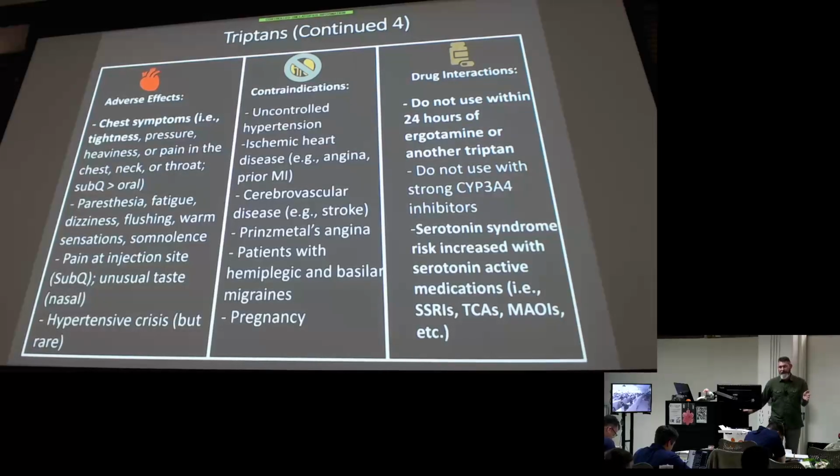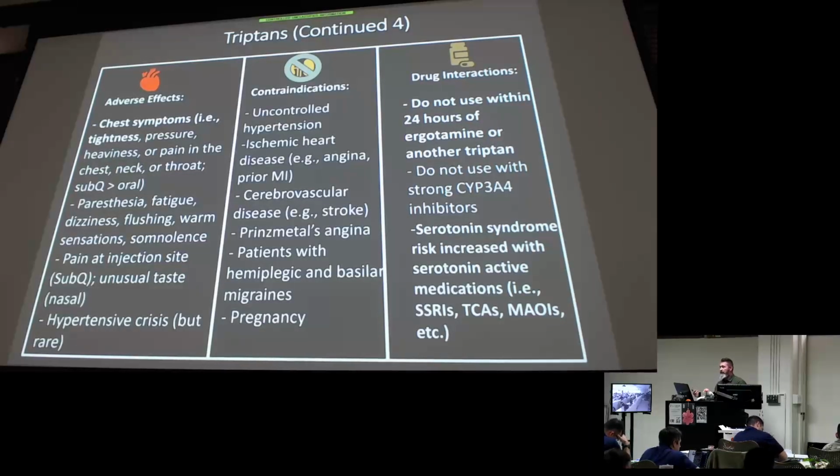So you do have an increased risk with triptans and anything else that increases serotonin, like the TCAs, SSRIs, it's in the name for SSRIs, right? Or MAOIs, so we should all be familiar with those. But definitely an increased risk of serotonin syndrome with triptans and other serotoninergic medications, as mentioned on the slide. Serotonin active medications, SSRIs, TCAs being your big players, and MAOIs.